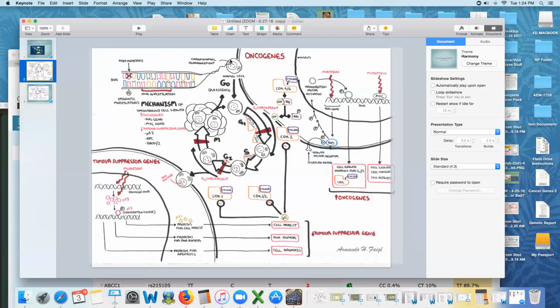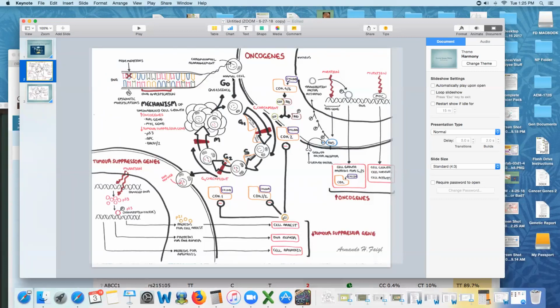So normal cells will stay in this G0 phase for a period of time. Some different cells will stay in that G0 phase basically a person's whole life. And then when it goes through this cell cycle of replication, there are different checkpoints along this cycle to prevent excess replication.